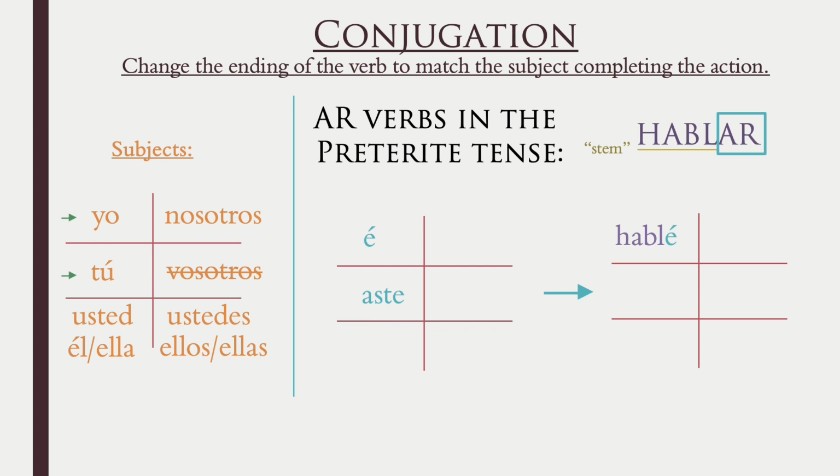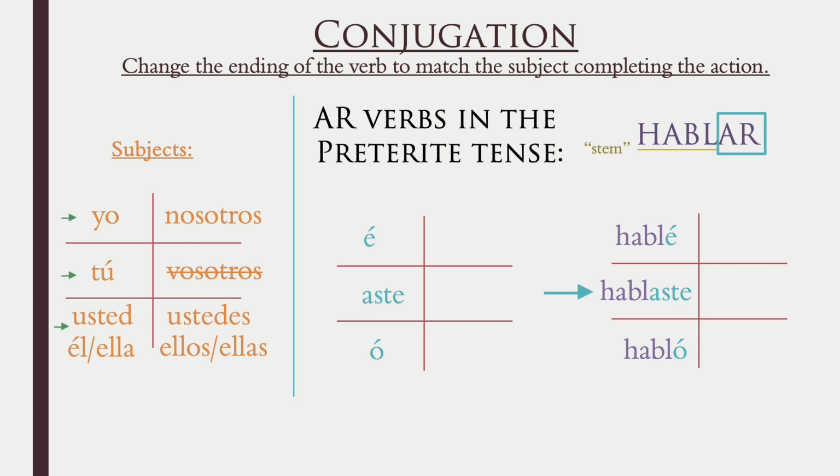So keeping my stem the same, switching out the AR, I get hablaste. If I want to say usted, él, or ella spoke, the ending is O. So I'll switch out the AR for the O, and I get habló.